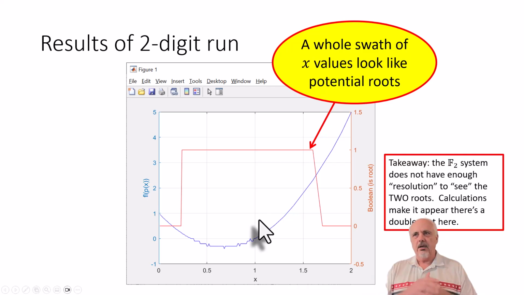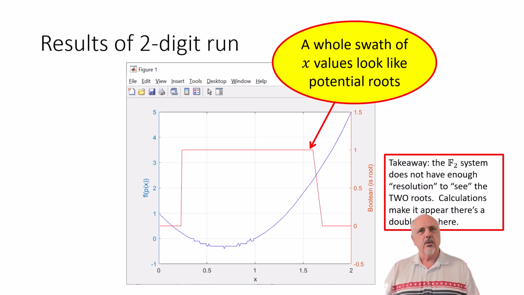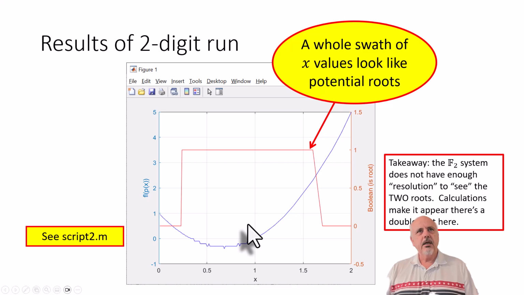So the takeaway here is that this 2-digit F2 system doesn't have enough, quote unquote, resolution to, quote unquote, see the 2 roots that are there. Remember that the true roots are 1/3 and 1. The calculations make it look like those 2 are coalescing into a double root. Okay, so that's the 2-digit run.